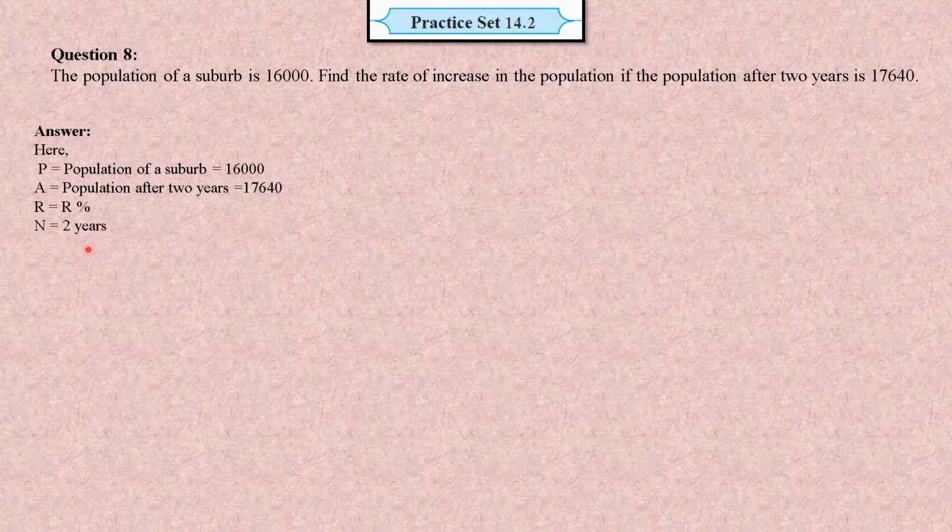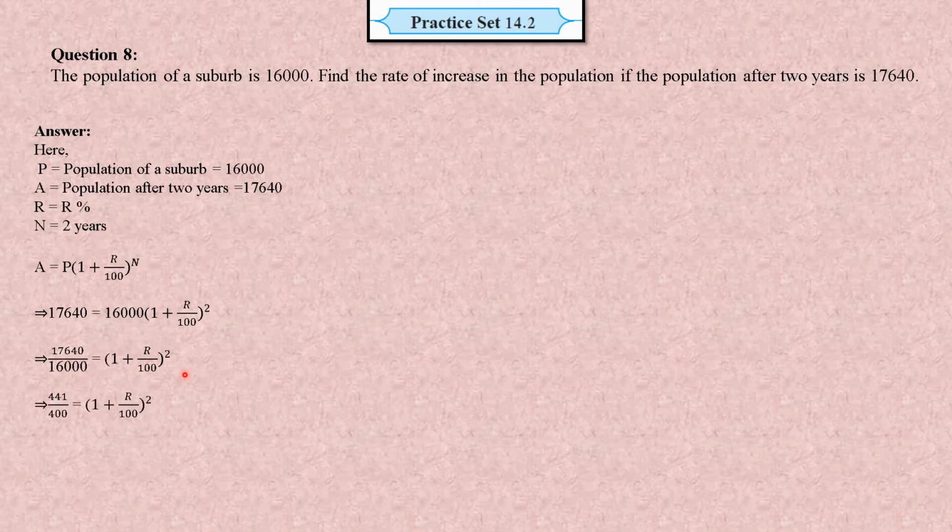N, the duration, is 2 years. By using the compound interest formula, A is equal to P into (1 plus R upon 100) raised to N. Substituting the values of A, P and N, keeping R as it is, as we need to calculate the value of R. Dividing both the sides by 16,000, we get 17,640 upon 16,000 is equal to (1 plus R upon 100) the whole bracket square.